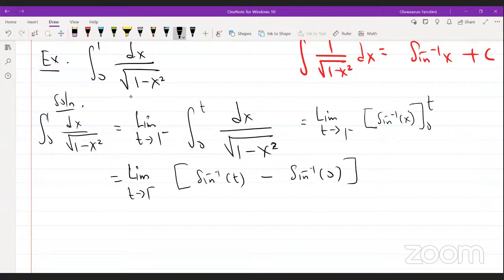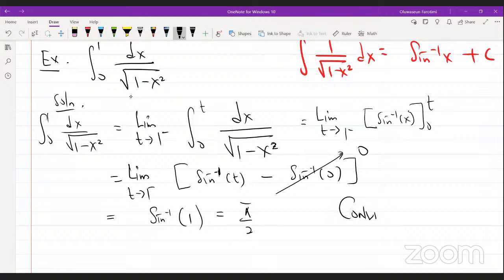Well, what is arc sine of 0? It's just 0. Now t goes to 1 from the left of 1, so I'm going to do arc sine of 1. An arc sine of 1 is what, guys? Pi over 2. So what do we say? It converges.